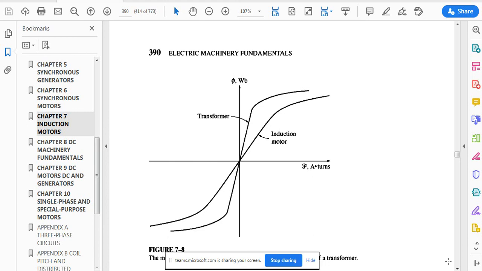In a transformer, there is no such air gap. All the flux is flowing through the material. In an induction motor, let me just switch to this one.